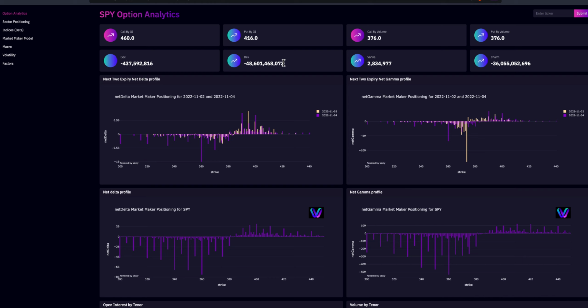And then in reverse, if Vanna is negative, which isn't the case from a textbook standpoint, once again, what we're doing is trying to show the Greeks with some direction. So we've applied our own principles to say positive Vanna is essentially looking at the call side, and negative Vanna is looking at the put side. Make sense?